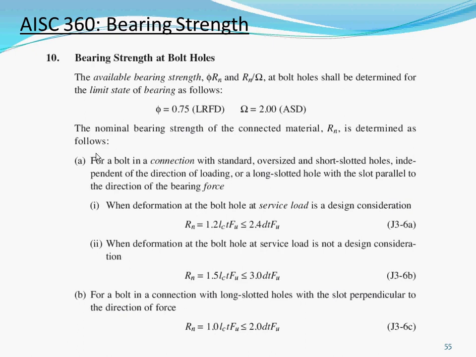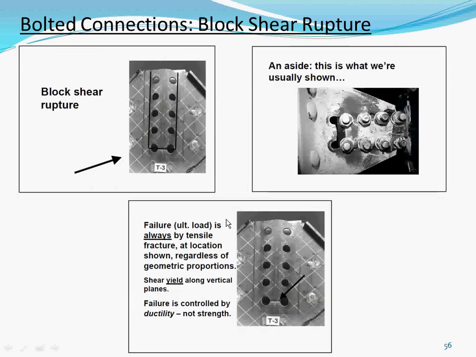It's going to govern because of the thickness of the plate, L sub C, and FU. The only two parameters we could control are these two. FU is typically the same for any material of the same grade. So we're using this equation for our check. When we get to that, I'll show you what that means.